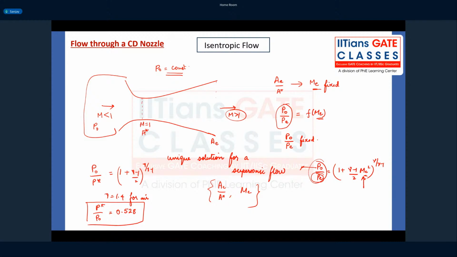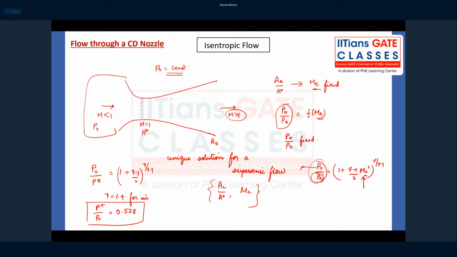So for isentropic supersonic flow at the exit, the pressure ratio should be such that the flow is sonic at the throat, which means P star by P naught should be 0.528, and the exit pressure ratio should be dictated by the area ratio and the exit Mach number. Okay, so this is about the isentropic flow across the nozzle.